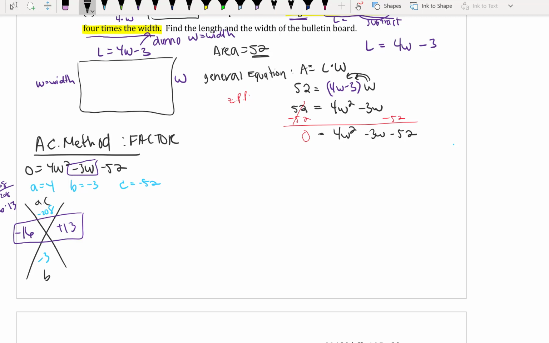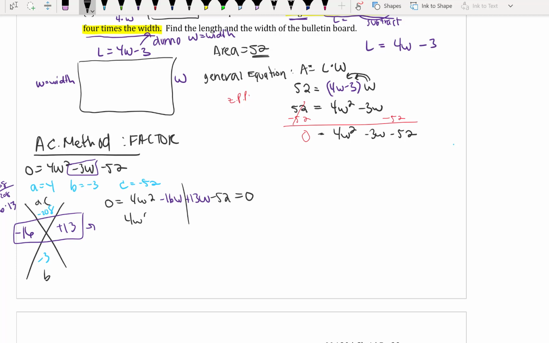So here, when I rewrite this, I'm going to have 0 equal to 4W squared, and since I'm rewriting the middle term, negative 16W plus 13W minus 52 is equal to 0. So now I split it in half.